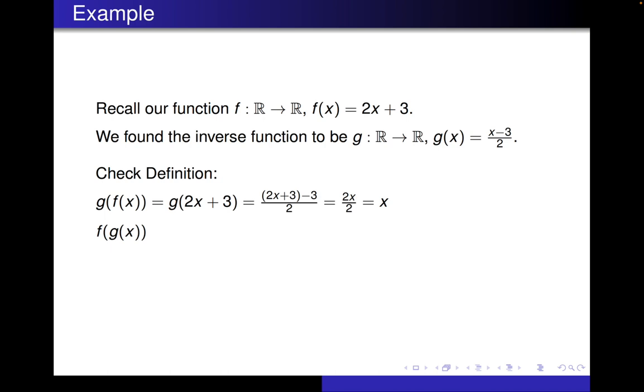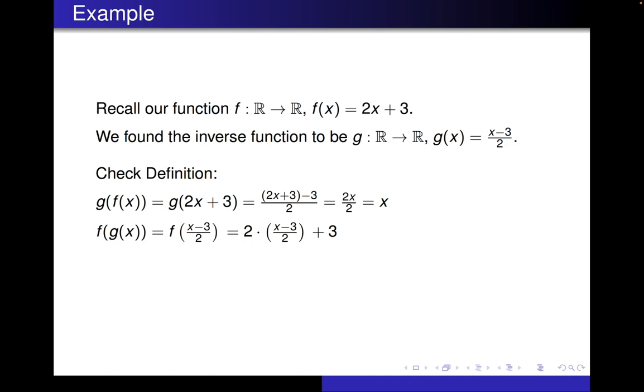Now remember, g of x is (x minus 3) over 2, so we want to take f of (x minus 3) over 2. Once again, let's think of f as a sequence of actions we do to our input. f of x is 2x plus 3, which means you take your input, multiply it by 2, and then add 3. In this case, our input is (x minus 3) over 2, so we multiply it by 2, and then add 3.